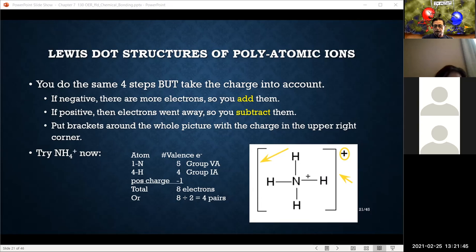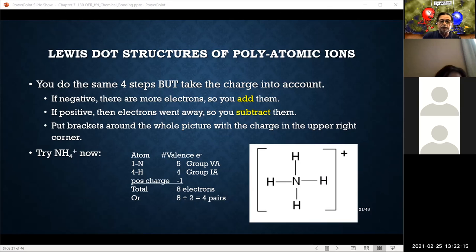Okay, go back and check the valence electrons. We have 4 pairs, and sure enough, you've got one there, that's 2, 3, and 4. So there's 8 electrons around nitrogen and 2 around each hydrogen. Okay, so our structure is correct.